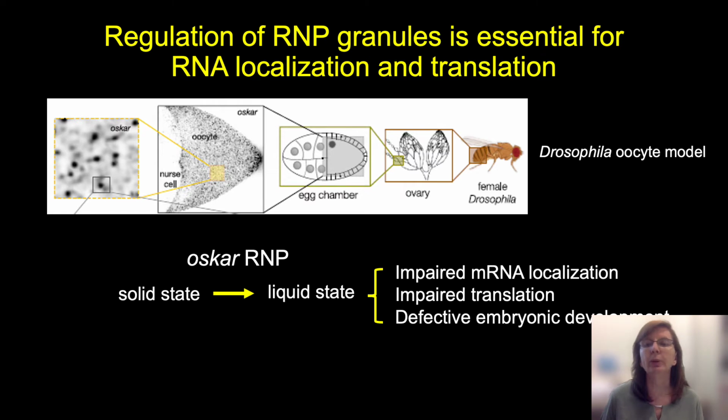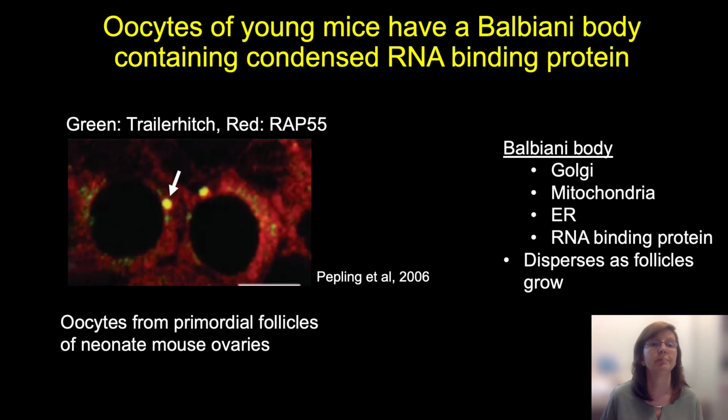When the solid state is precluded using genetic modifications, the liquid state that results confers impaired RNA localization and translation and has severe consequences on embryonic development. This example also clarifies that disruptions of the solid state can be as deleterious as dysregulation of the liquid state.